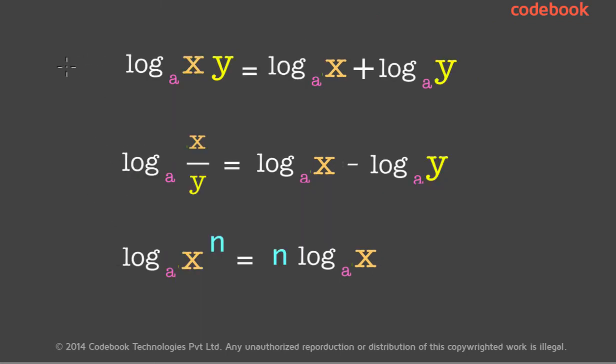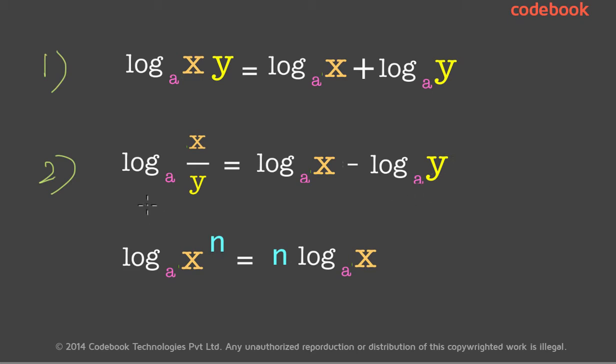So let us recap. We have seen three laws of logarithms. The first law states that log xy to the base a is equal to log x to the base a plus log y to the base a, which means the log of the product of two numbers is equal to the sum of the logs of the individual numbers. The second law states that log x by y to the base a is log x to the base a minus log y to the base a.